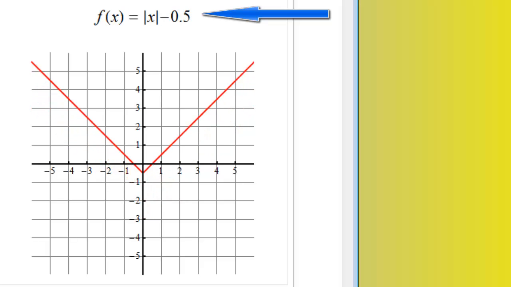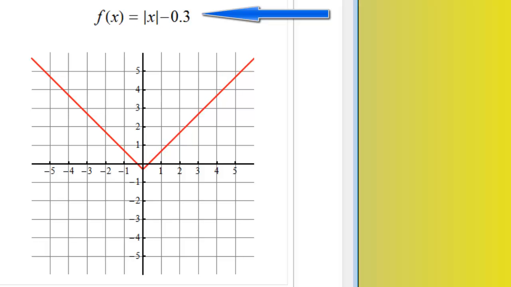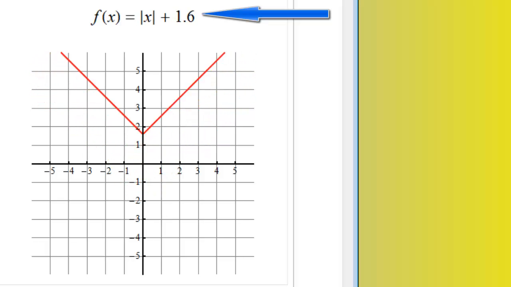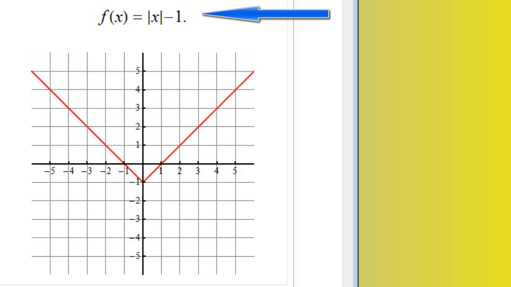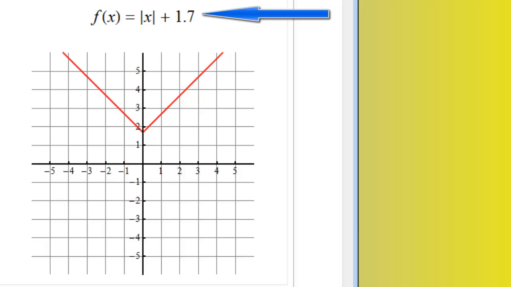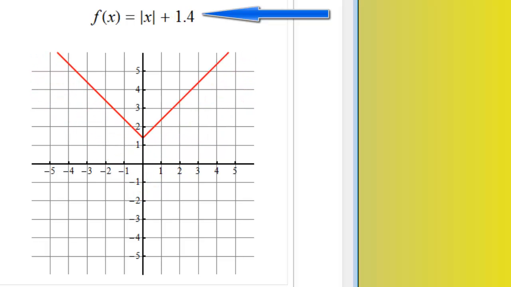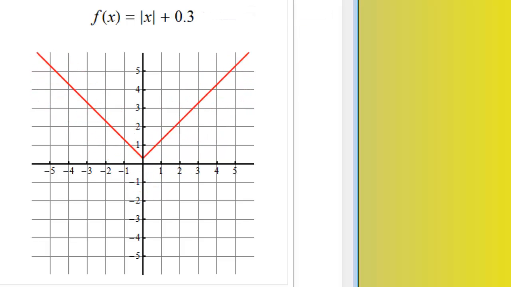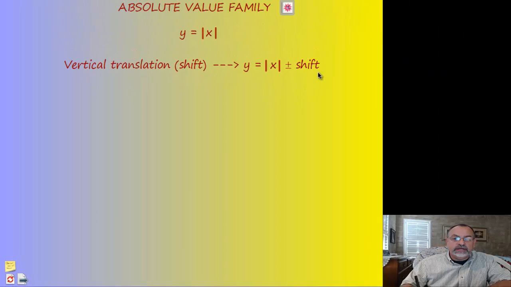So we start with the vertex at 0, 0, that's the parent, and then a negative value moves it down, and a positive value moves it up. So the number that you see on the outside is the vertical shift of the parent function, either up or down. Notice it doesn't change the slope of the rays, it doesn't change the shape, it simply moves that vertex point up or down those values. So a number on the outside is a vertical shift.